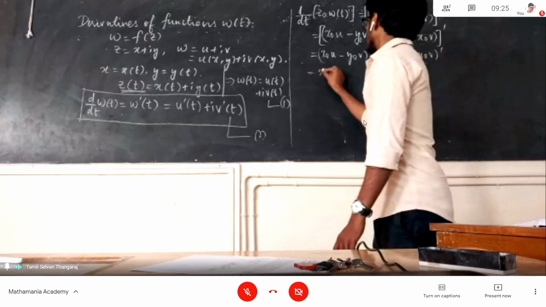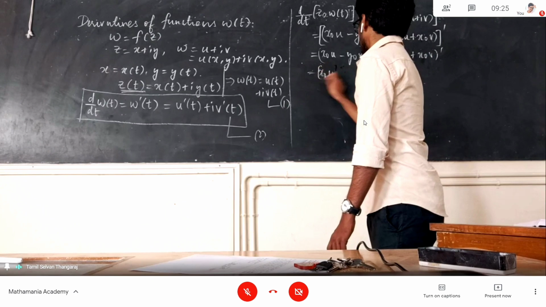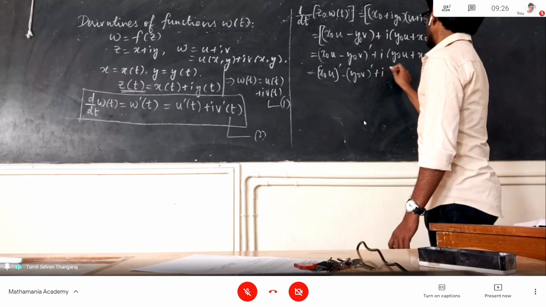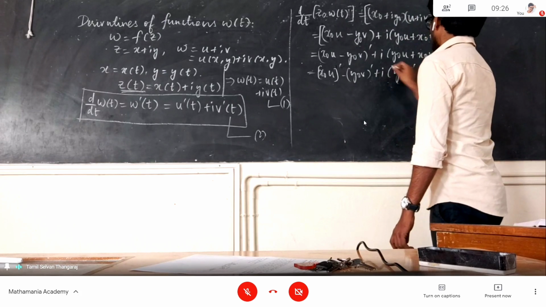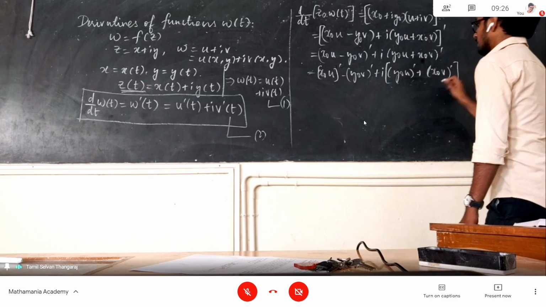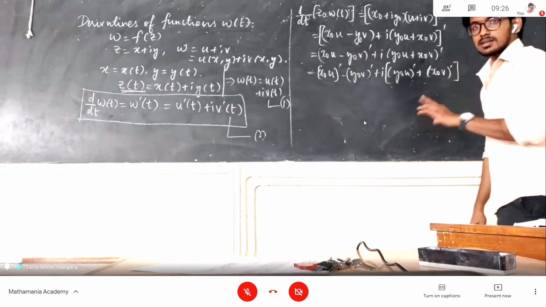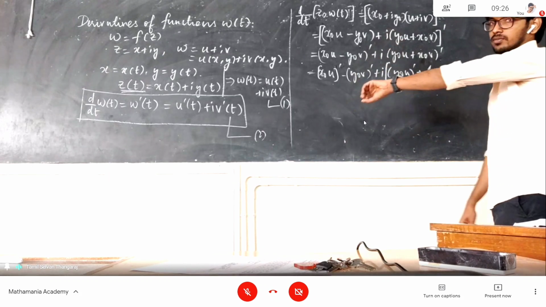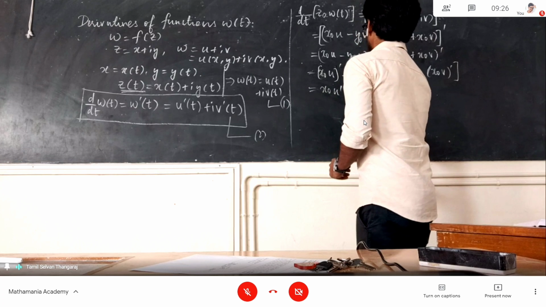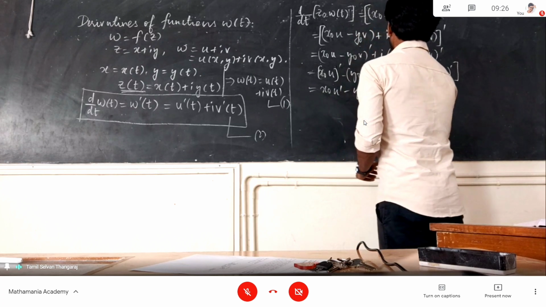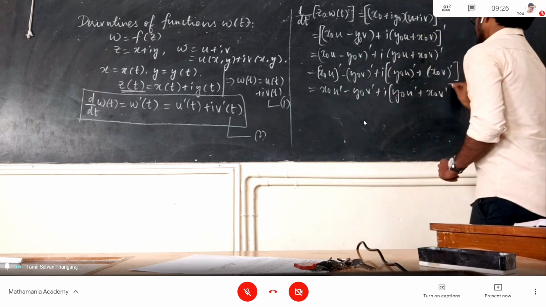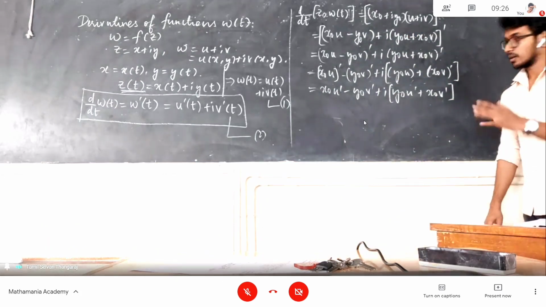Since x naught and y naught are constants and the derivative affects only the functions u and v, this becomes x naught u prime minus y naught v prime plus iota times y naught u prime plus x naught v prime. So this is what we get, right?